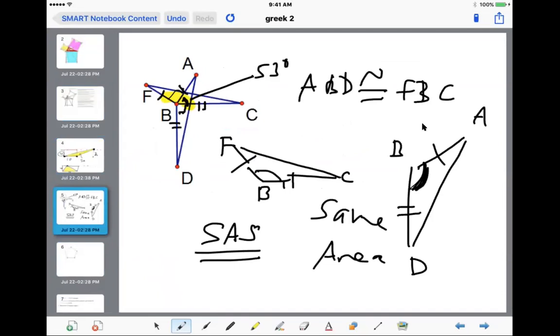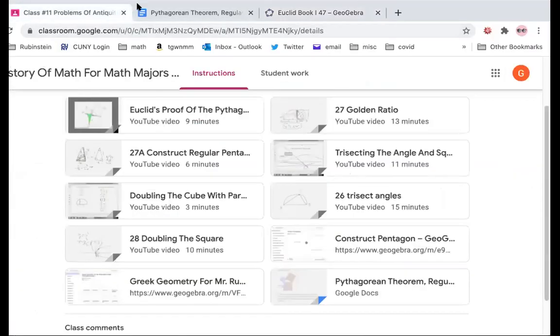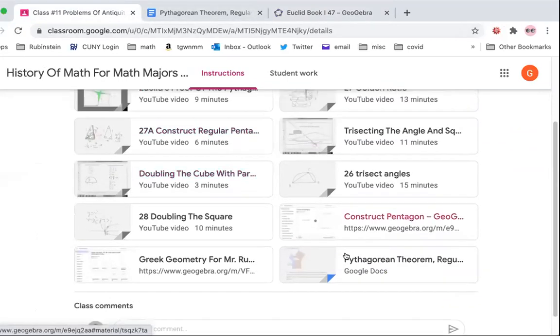Professor, can you show us where to find the video? Yes, please. Yes. If I come back to the browser, and if I go over to the class page, so on today's assignment, here's the assignment, the Google Doc.